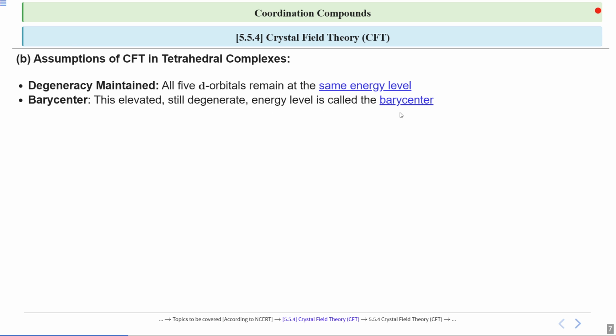All the 5 d orbitals have raised their energy by some amount from the previous state, and this is an elevated energy, but still degenerate. The energy of all the 5 d orbitals increased, but among them they are still at the same energy level, so they are still degenerate. This energy level is called the barycenter.